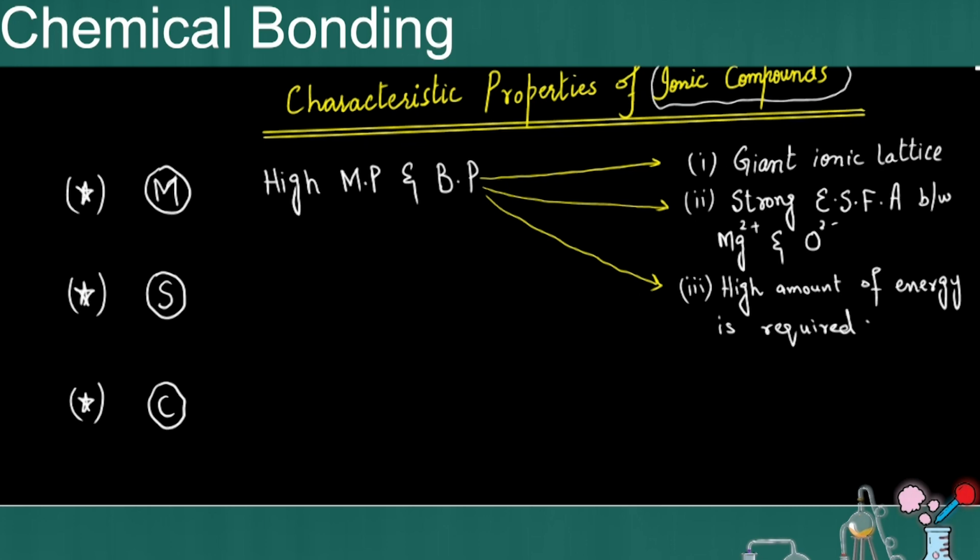Second is solubility. Solubility को हम discuss करेंगे salts में भी. For now, just remember most of the ionic compounds are soluble in the water. Most of these ionic compounds, not all the ionic compounds.